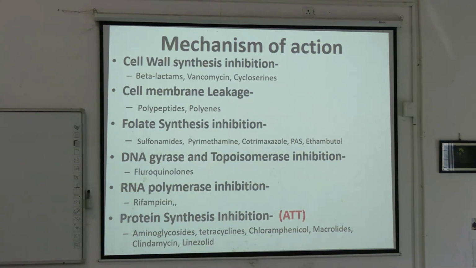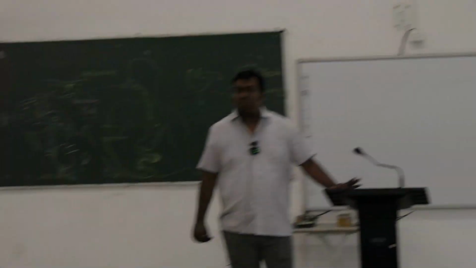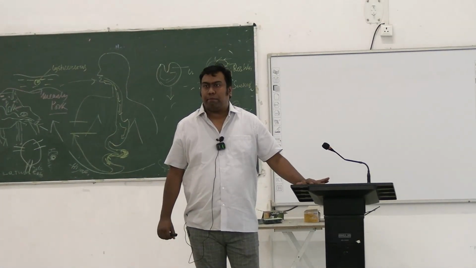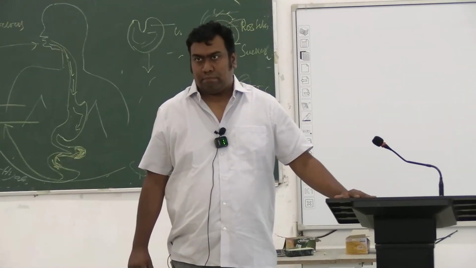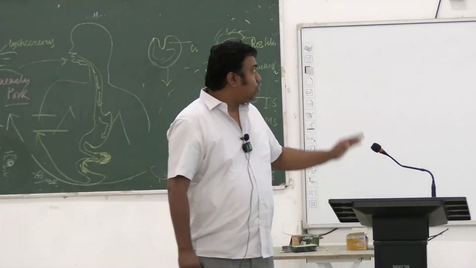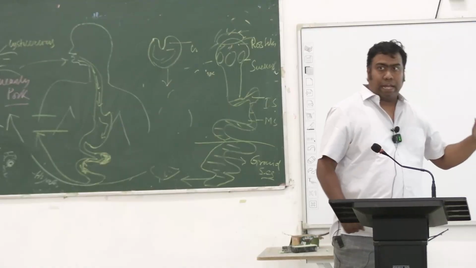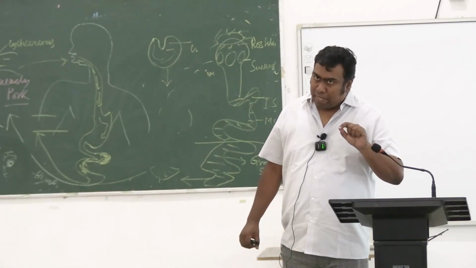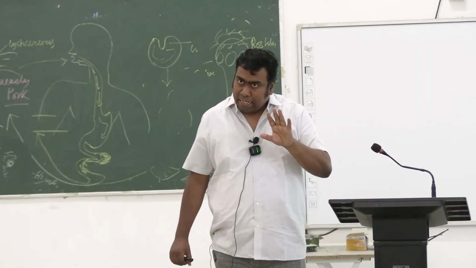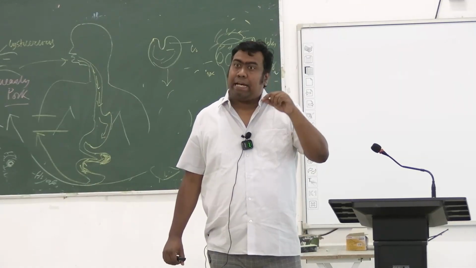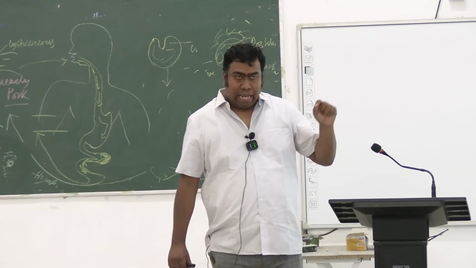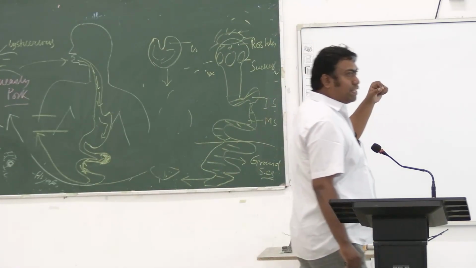Penicillin, cephalosporin, carbapenem, monobactam. Clear? So they are all cell wall synthesis inhibitors along with vancomycin. Vancomycin is not a beta-lactam but a cell wall inhibitor. And the last one is cycloserine.